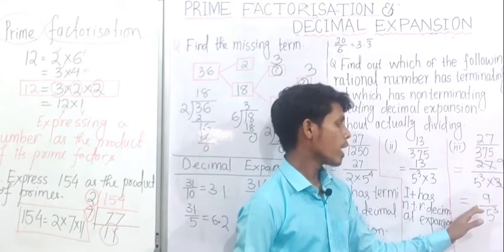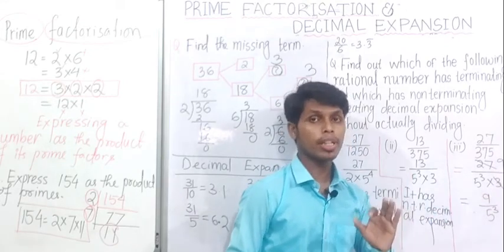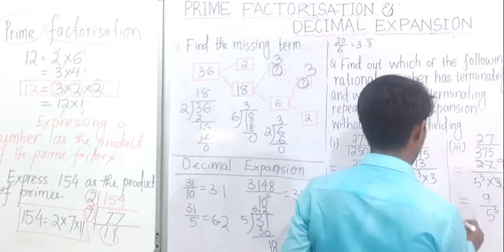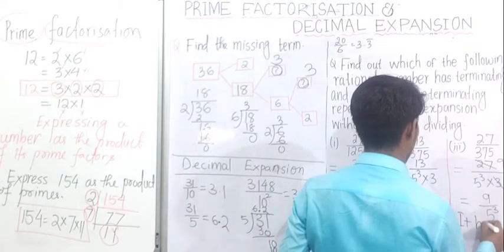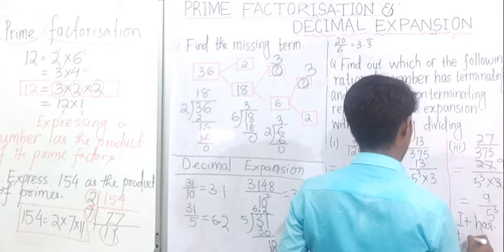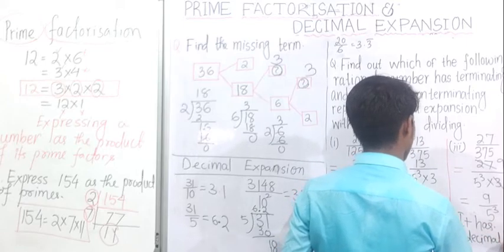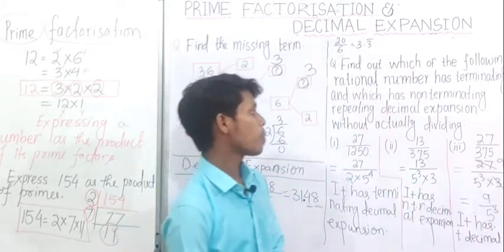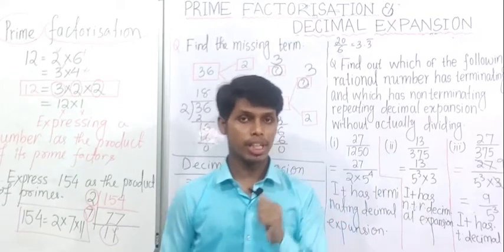So now we have 5 cubed left only in the denominator. So it has terminating decimal expansion. We can write it has terminating decimal expansion. Okay, so now I hope this type of questions can be solved by you very easily.